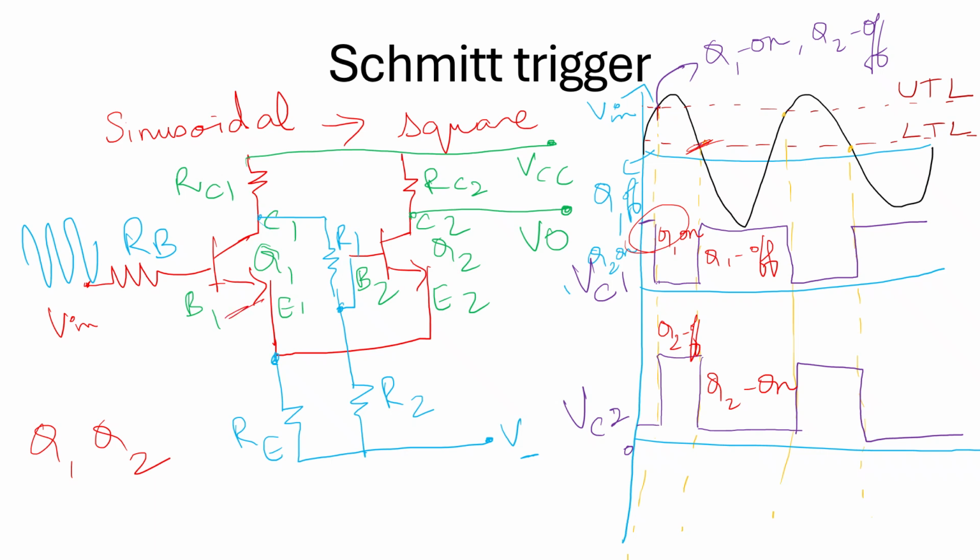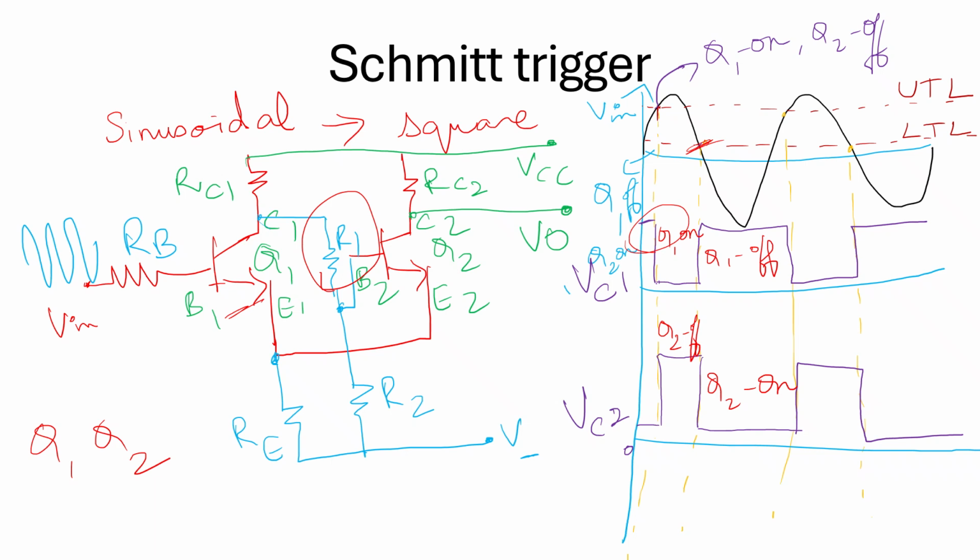As a result, the collector voltage of the transistor Q1 rises towards VCC and it is applied to the base of the transistor Q2 through the resistor R1. That is through this resistor R1. This makes transistor Q2 conduct. The point at which transistor Q2 starts conducting is called the lower triggering level.